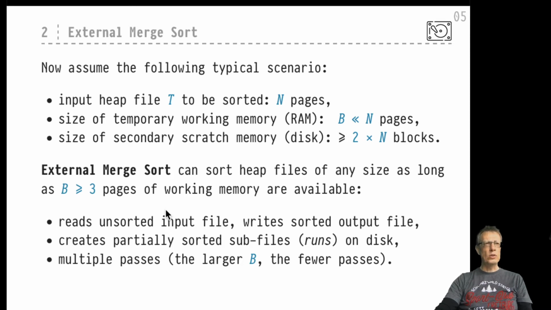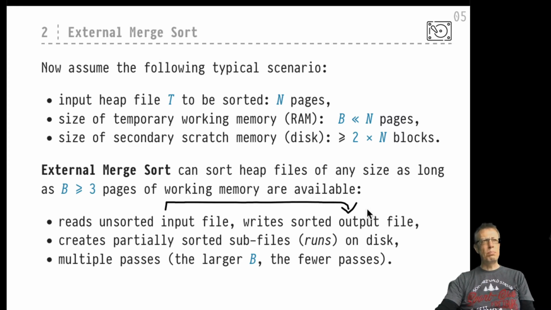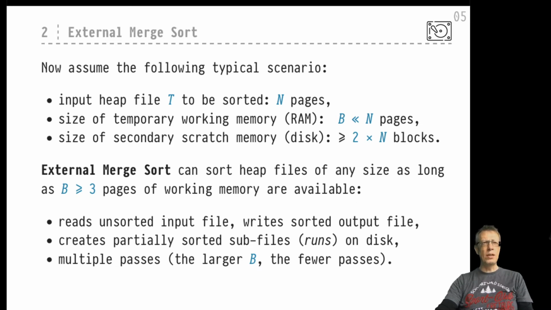Okay, so we can go the way from here to there by using only 3 pages of memory inside our buffer. Even the tiniest buffer should have B equal 3 pages available. Typically, there will be more pages available. B will be larger, and we can benefit from the presence of more internal working memory pages, as you will see later.